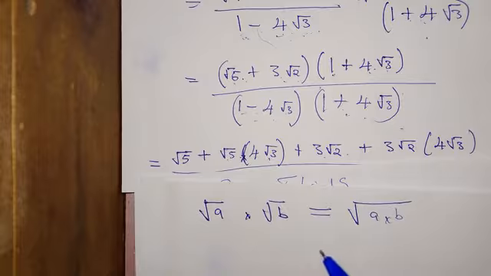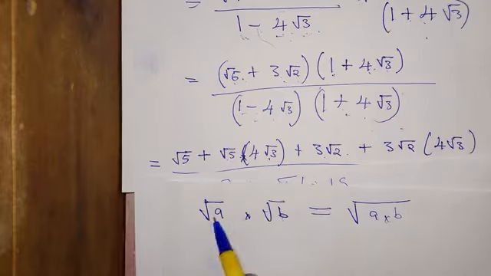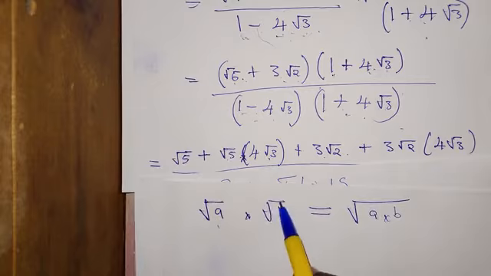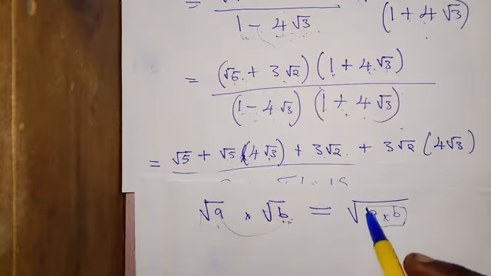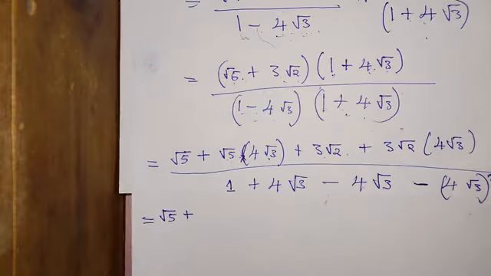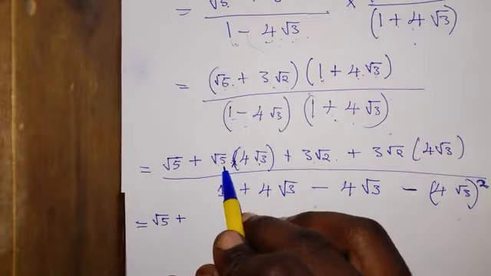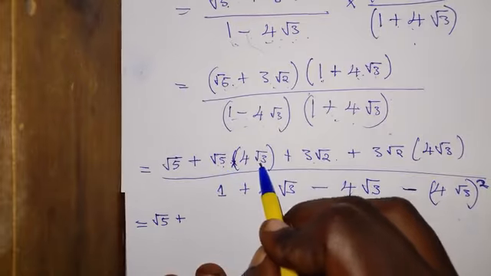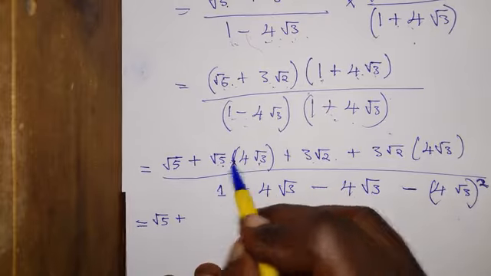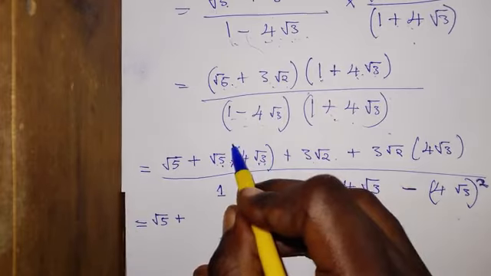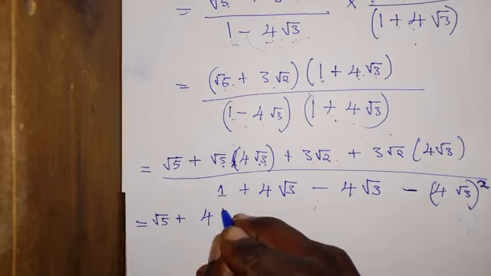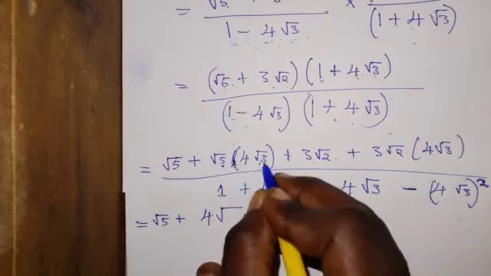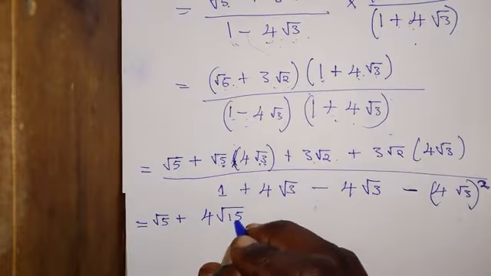Root a multiplied by root b: these two numbers under the same kind of radical, you can just take them and put them under that radical, multiplying them together. So if I have root 5 multiplied by root 3, this is 5 times 3 under the radical. So I'm going to have this 4 multiplied by the root of 5 times 3, which is 15.